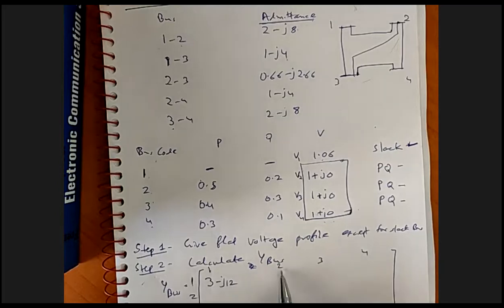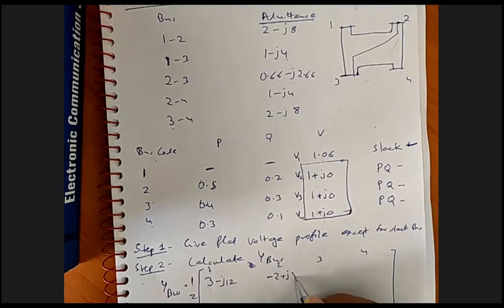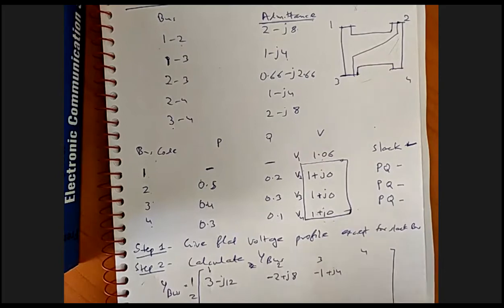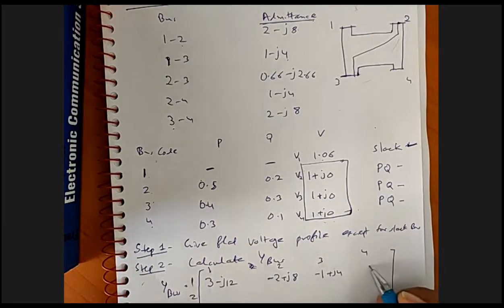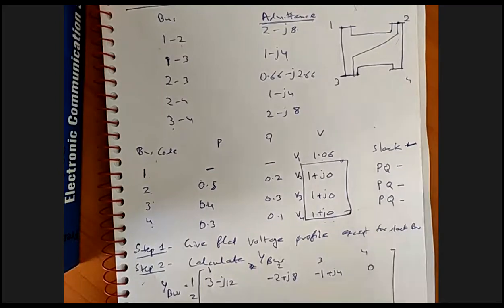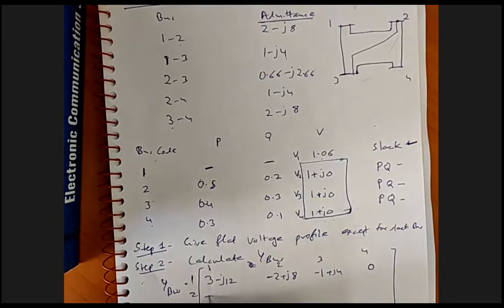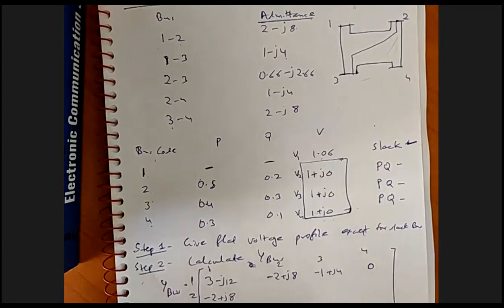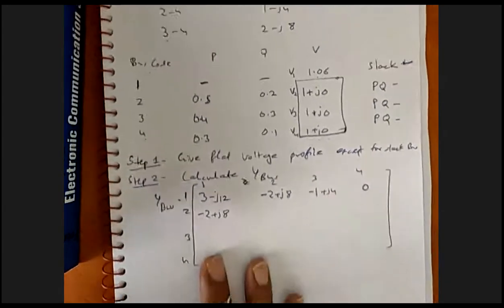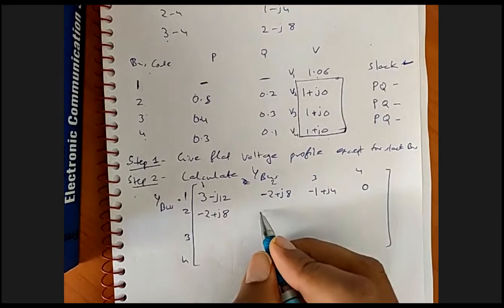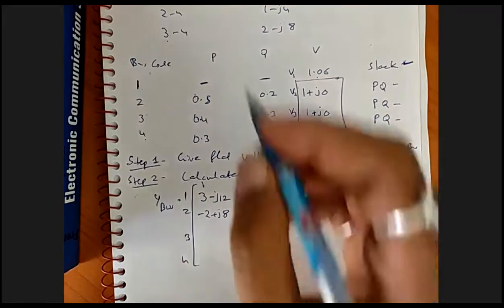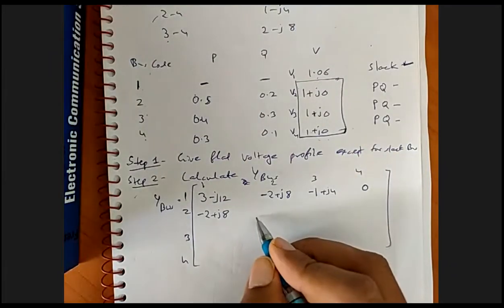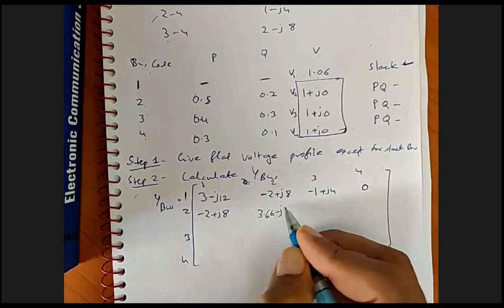Y12 is the impedance between 1 and 2: minus 2 plus J8. Y13 is minus 1 plus J4. And Y14 is 0. Y21 is also minus 2 plus J8. Y22 is all the impedance, this plus this plus this, so it comes out to be 3.66 minus J14.66.